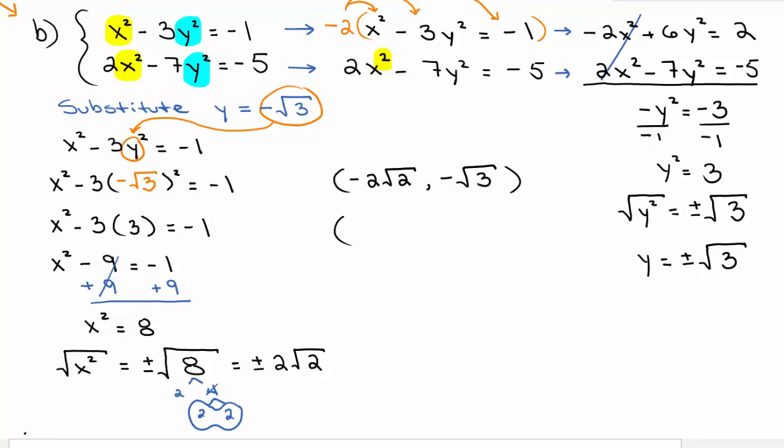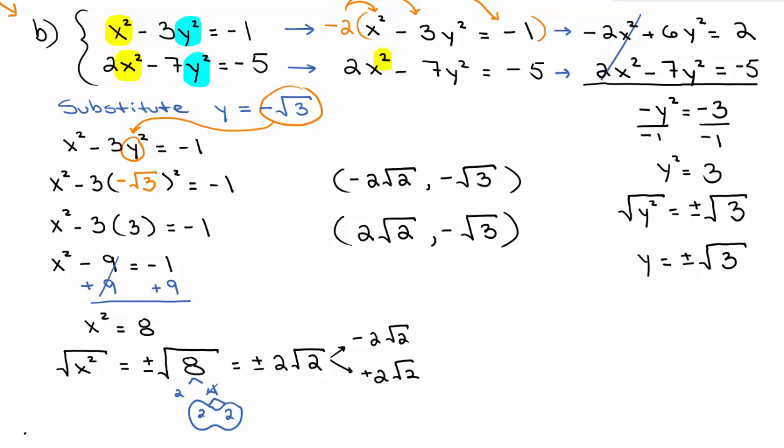And the other ordered pair is going to be positive 2 square roots of 2, comma, negative square root of 3. So if any of you are wondering, how did we get two ordered pairs? Remember that plus or minus 2 square roots of 2 represents two answers. These are your two x values that we got here.